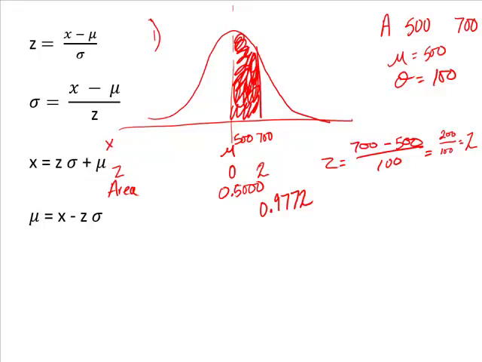What do we need to do now? Aaron says subtract. What from what? You said it backwards. We're subtracting 0.5000 from the larger number.